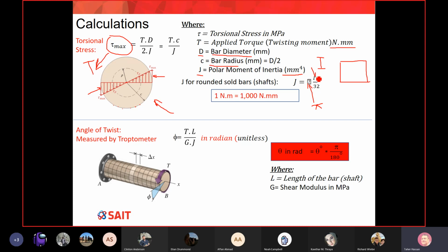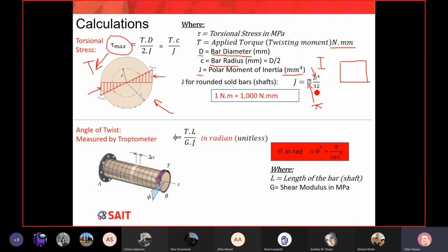You can see it is a function of the size of your specimen. And also, if you take a different cross-section shape, like a square or rectangle, you will see J will be a different formula. So all I want you to know is J is a function of the size and the shape. For rounded solid bars, J can be estimated using pi, which is 3.14, multiplied by d to the power 4 divided by 32.